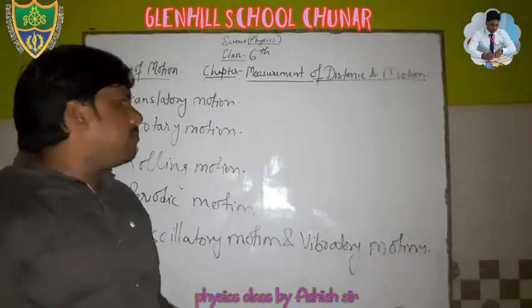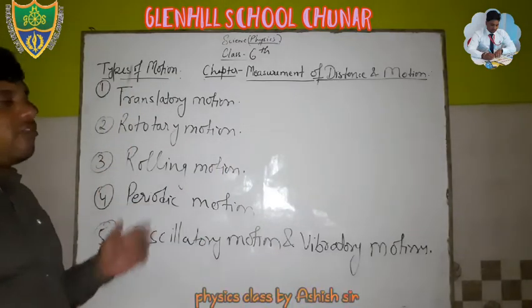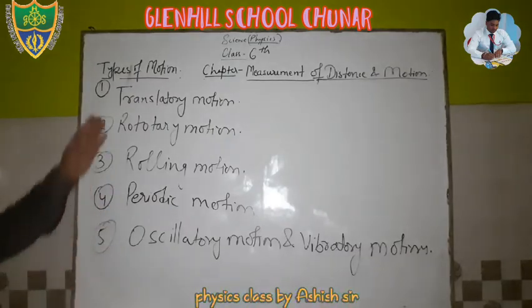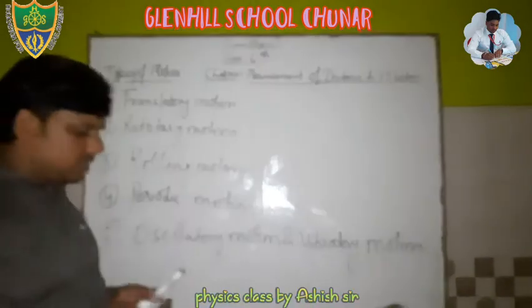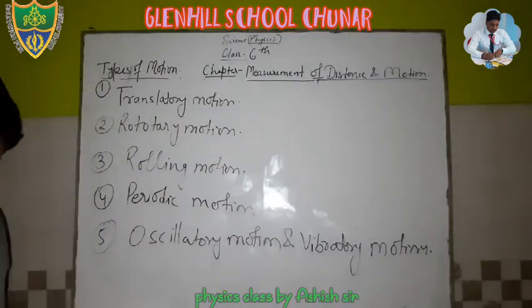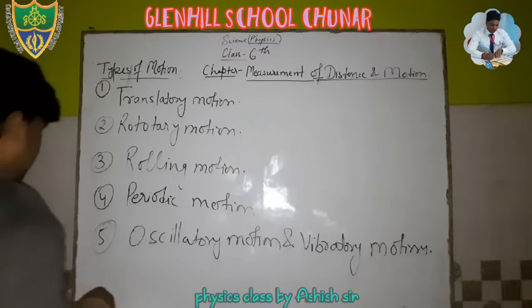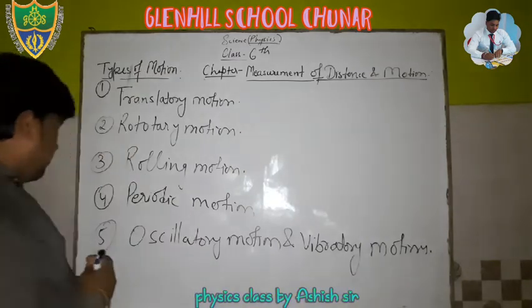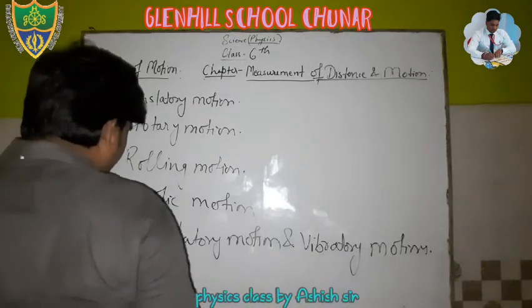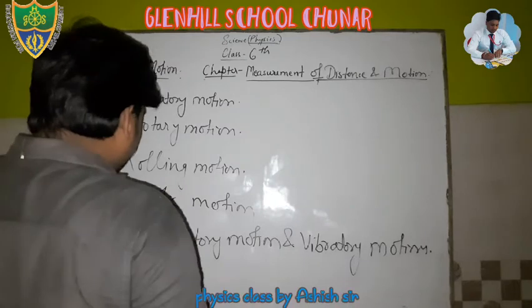Okay. Now one by one we will discuss these types of motions. Now first one is translatory motion. Translatory motion is what? Translatory motion means the motion in which the body moves as a whole and every point on it moves the same distance.